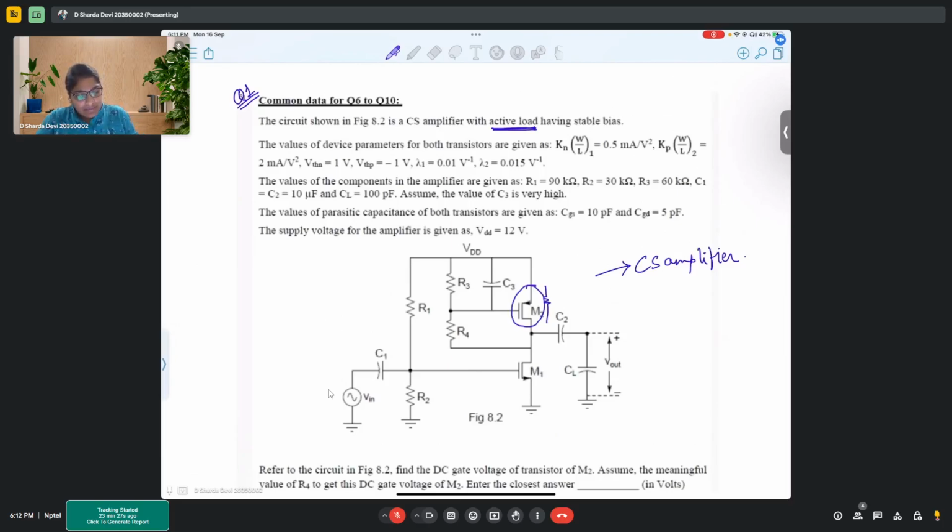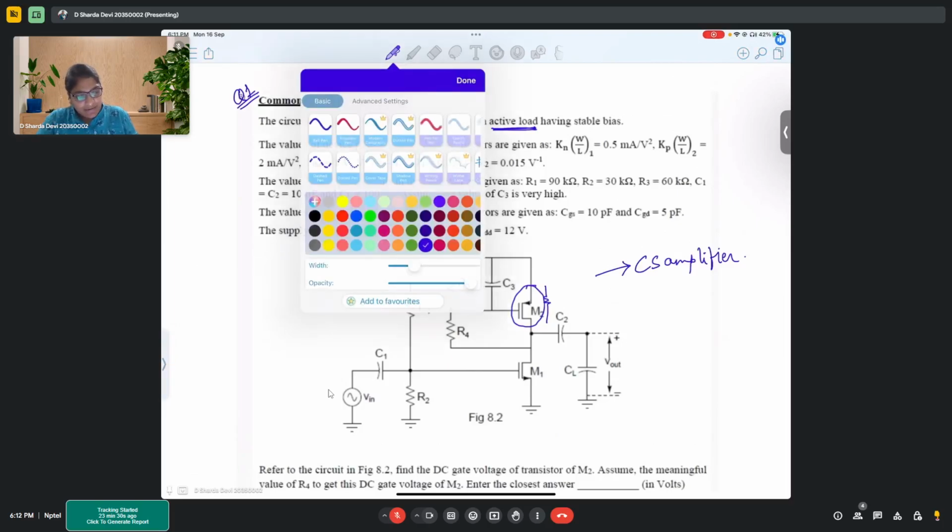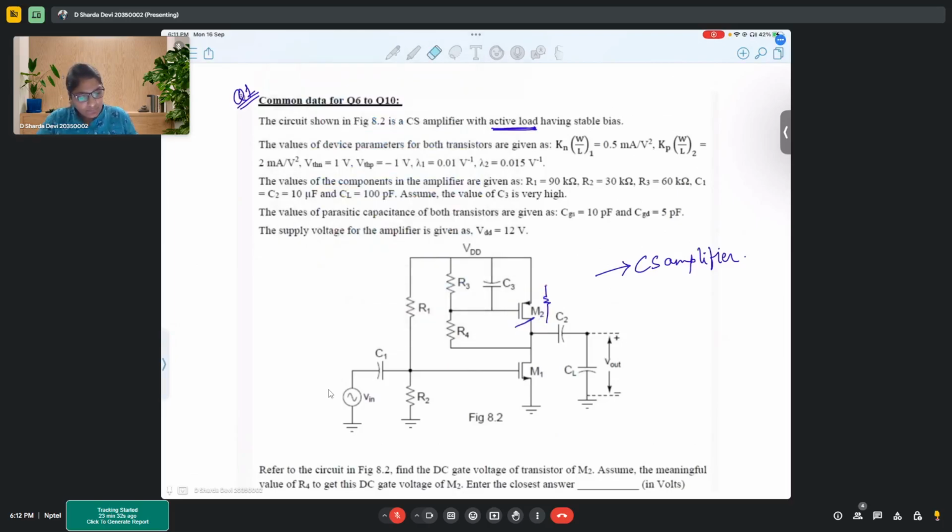We know that the resistance obtained by a transistor from this particular node is 1 upon GD, and this value is very high. To get a larger resistance, if we design a wire-bound resistor, you would need a very large resistor, so the resistor size increases.